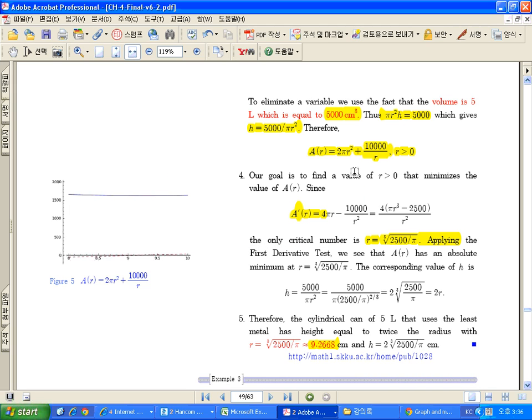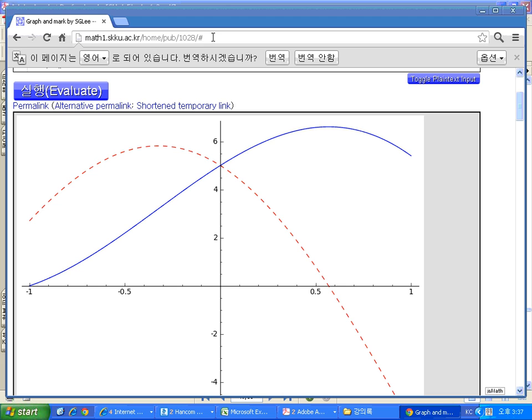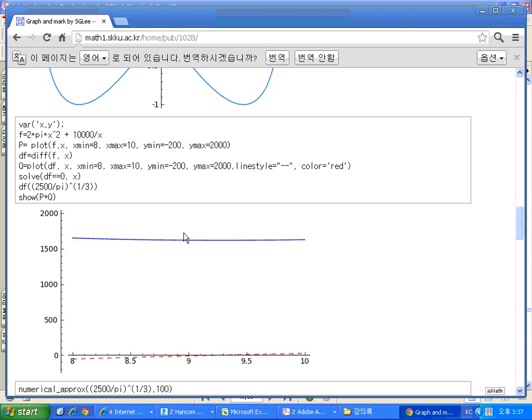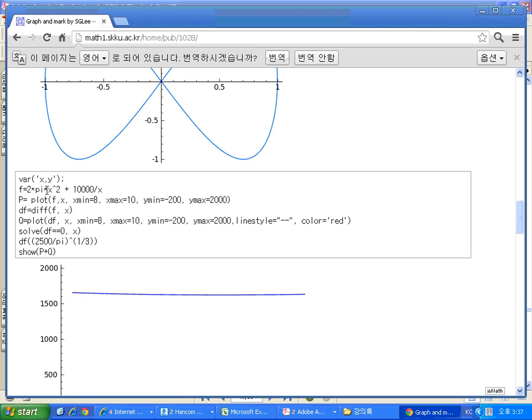Okay, here I may copy it. So I copied this address, and we may paste it here. Control V. And then what do we have? We have this graph. As you see, we have the original graph 2 pi r square plus 10,000 over r.